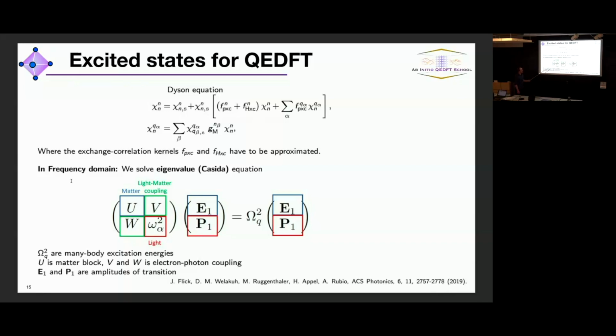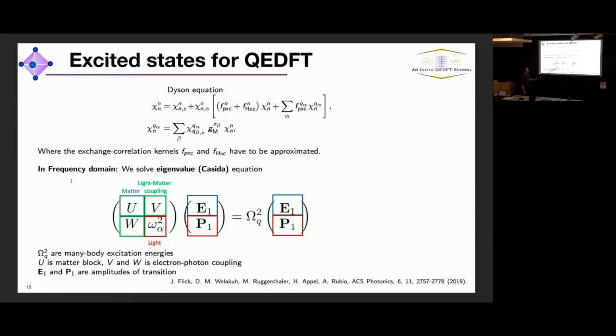Interestingly, what we find is such a block-like structure. I call the upper left block here U, which is matter only. The size of that matrix depends on the multiplication of the occupied and the unoccupied states which are considered. Then we get an additional block, which is just the photon modes.